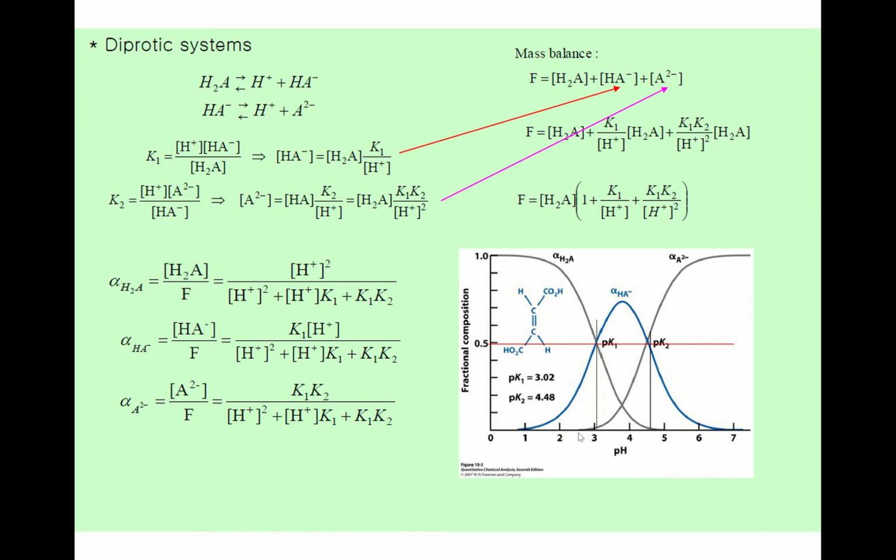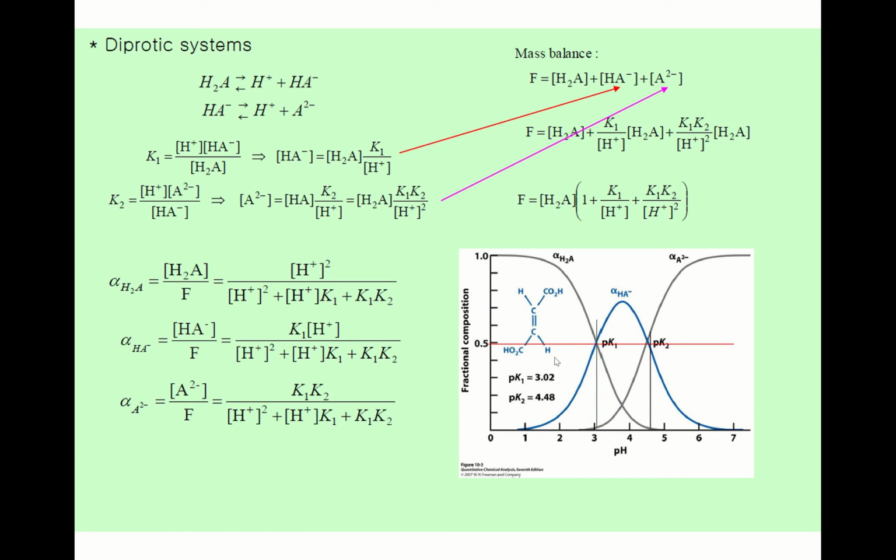At very acidic conditions, H2A is the major species. It maintains, but slowly decreases as pH increases, and then rapidly decreases. At very high pH, A2 minus is the major species. In the intermediate pH range, you see this kind of bell shape. This is the intermediate species, alpha HA minus.